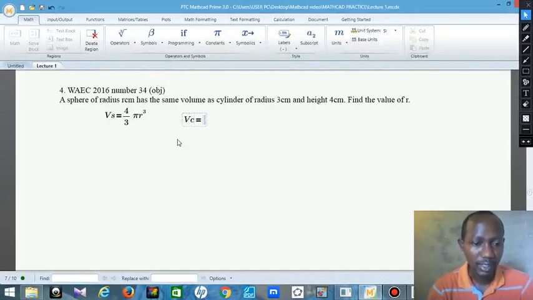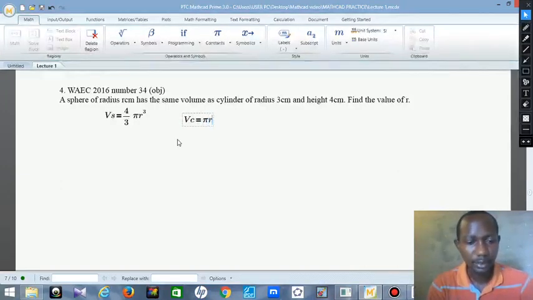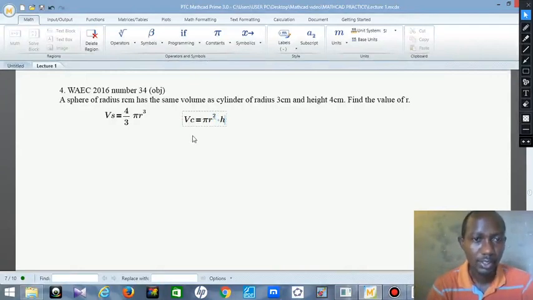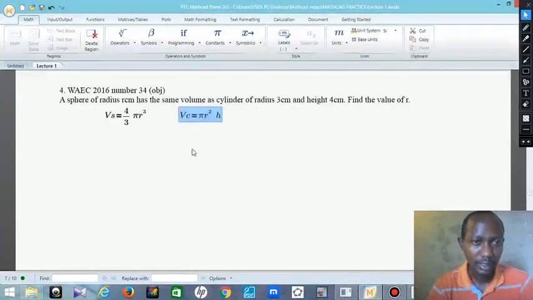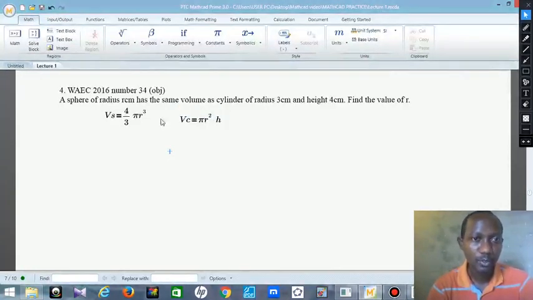What is the volume of a cylinder? That is pi r square h. And the volume of a sphere is 4 over 3 pi r cube. So with these two volumes, you can get the value of r.